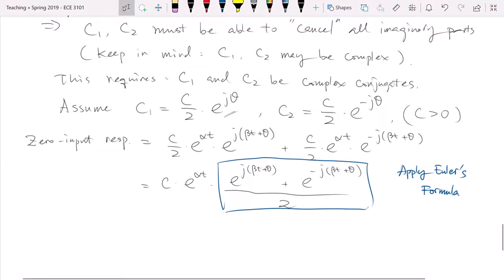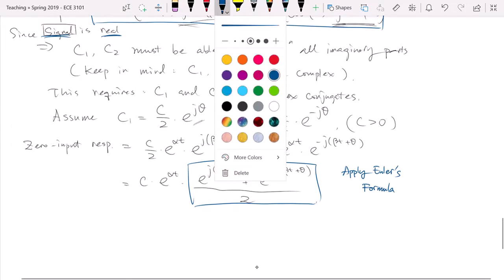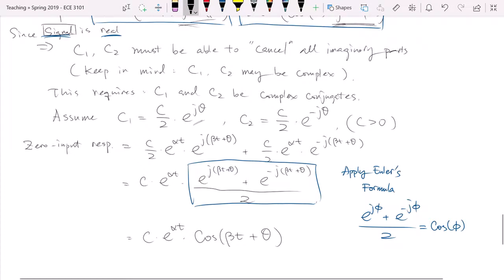Or if you know a variation of the Euler formula, it says this is equal to cosine of phi. Then applying this result, this whole thing can be written in this form.